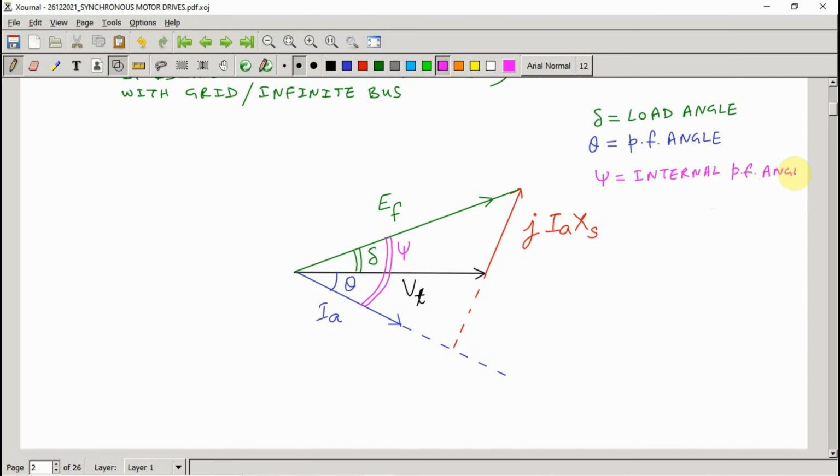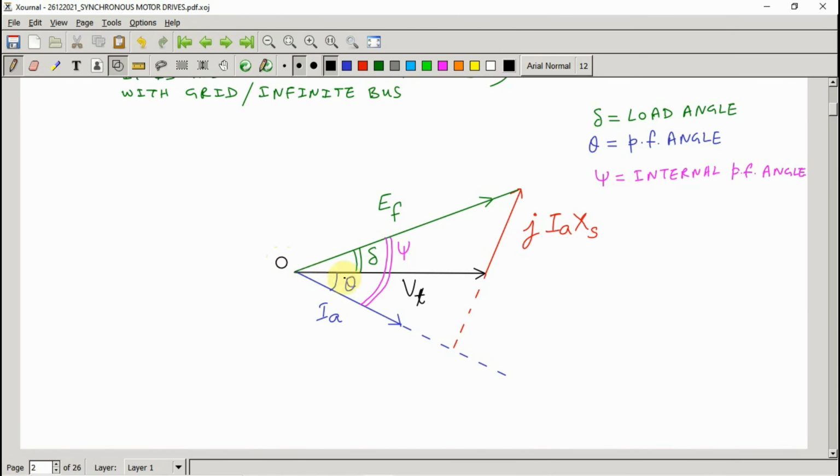Now after having drawn the phasor diagram of the alternator synchronized with the grid and operating at lagging power factor because it is overexcited, we can now write something based on this. Let me name these points so that it will be easier to identify.